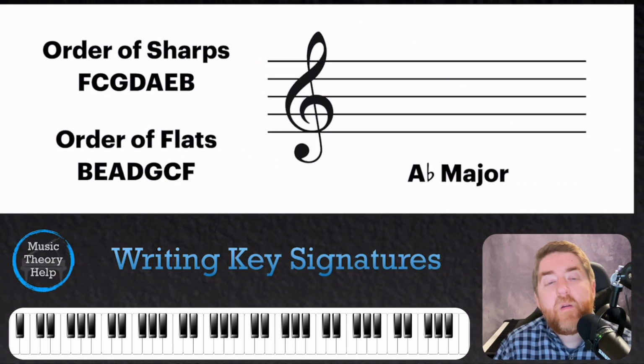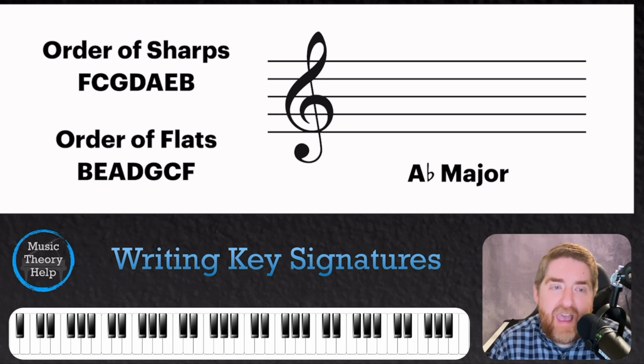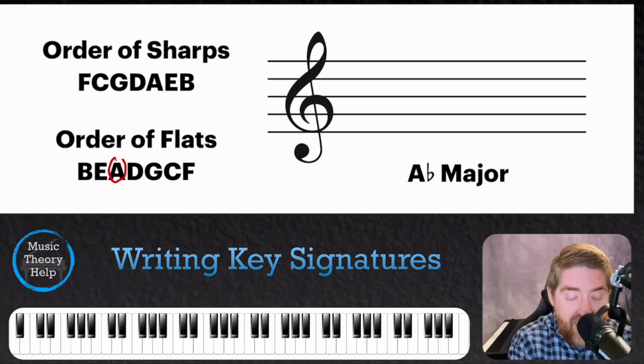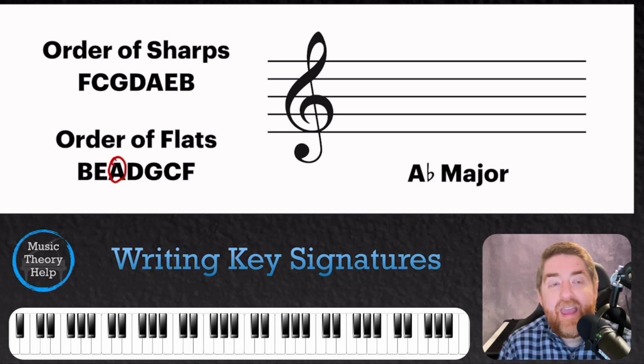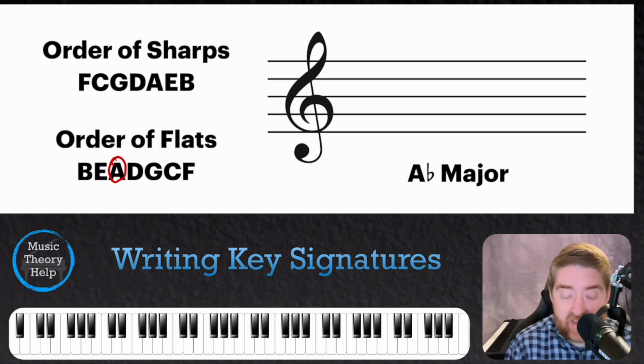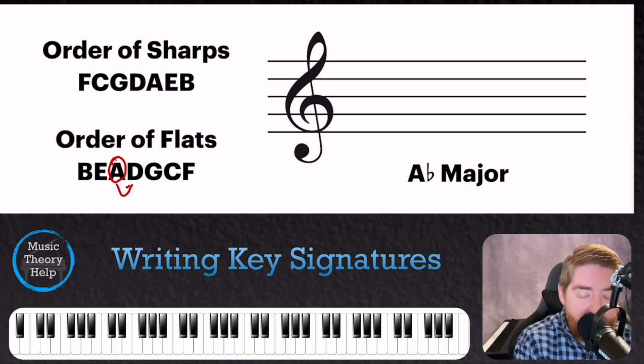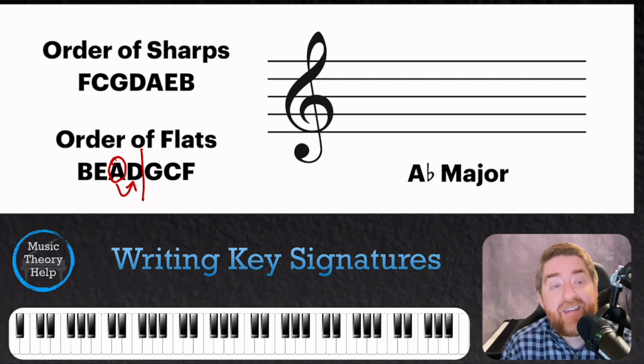What do we do if we're asked to write key signatures? We need to write the key signature for A flat major. Our second to last flat indicates key. So on our order of flats, I'm going to circle the A for A flat, and that would be our second to last flat. So as we're writing our flats, we need to write one more flat all the way to D flat.